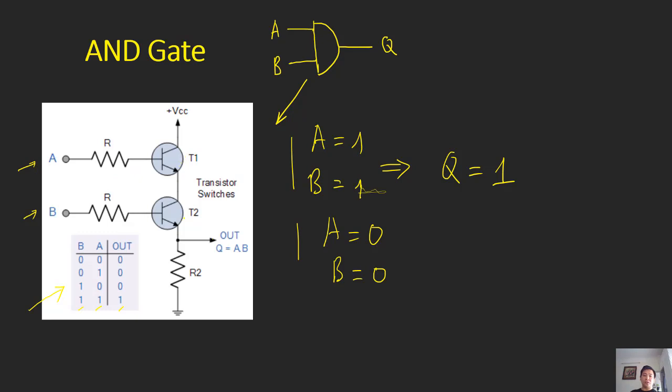So we have no current from VCC going to the output point, meaning the output Q equals 0. Okay, this is the AND gate.